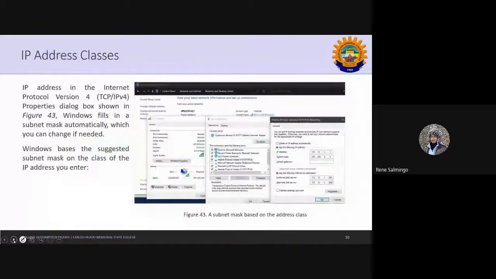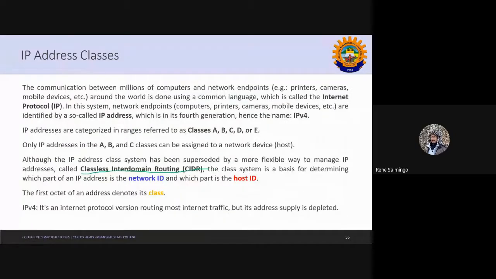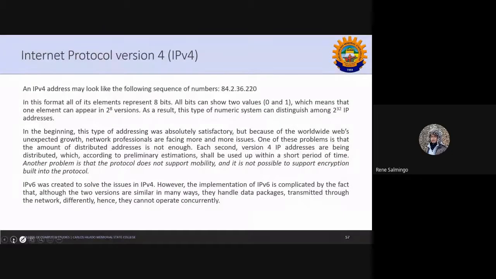Identifying the CIDR is really going to help us in identifying what class of IP address we are handling. Any more information on this?